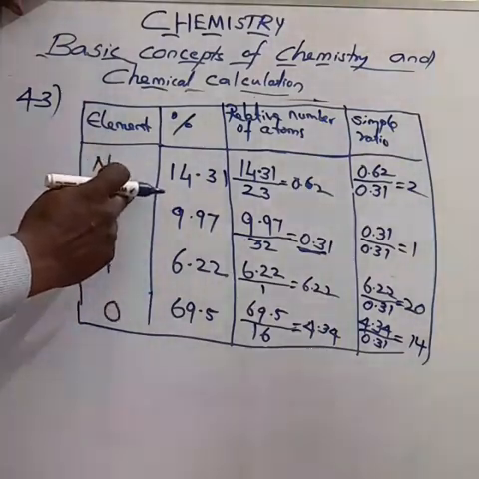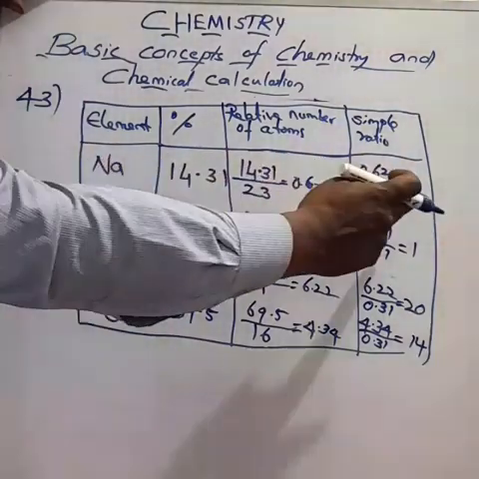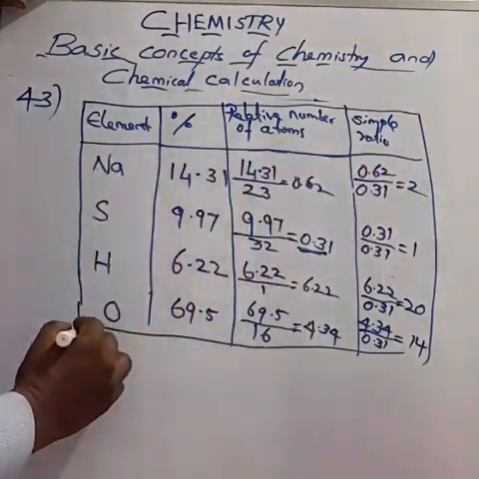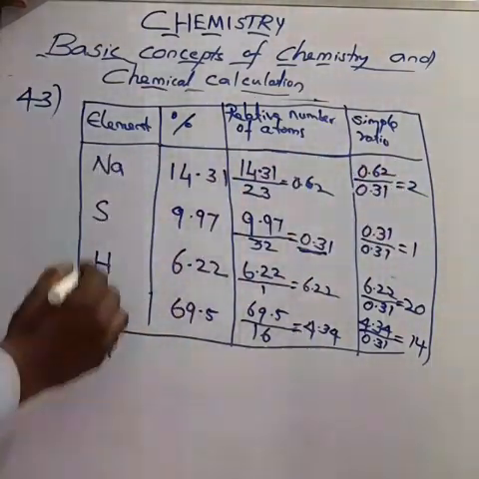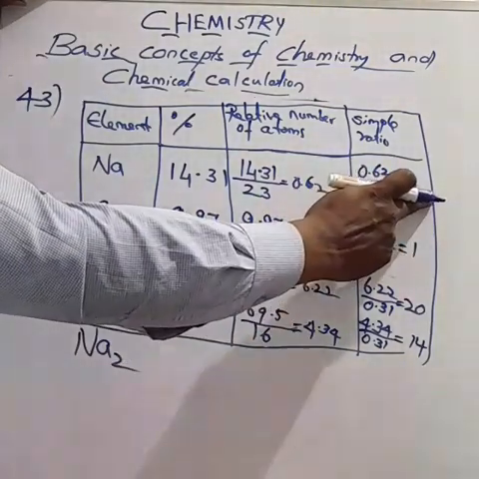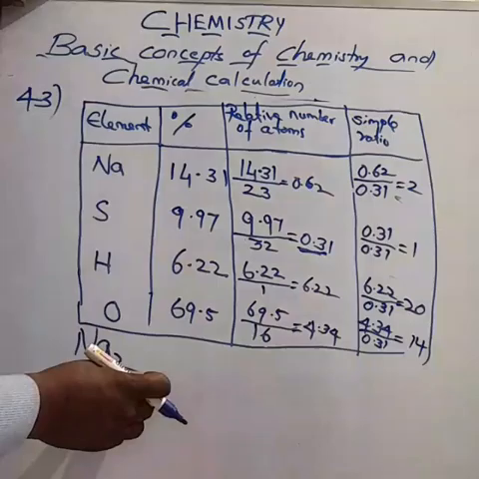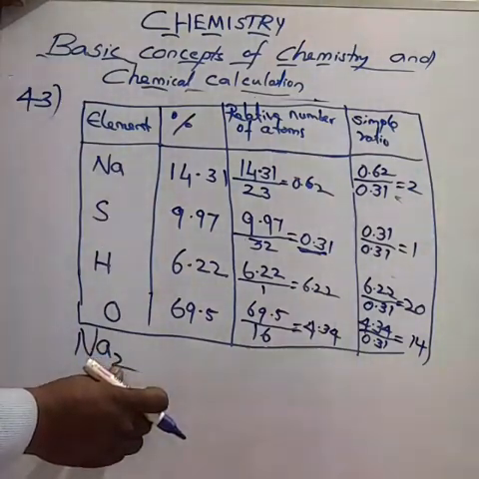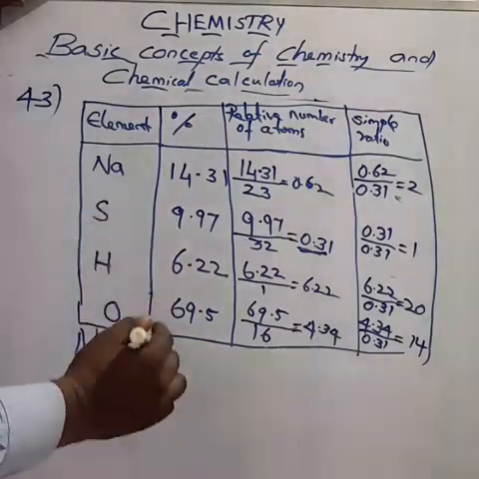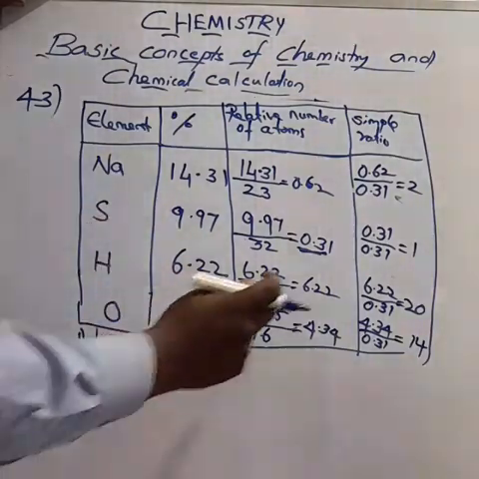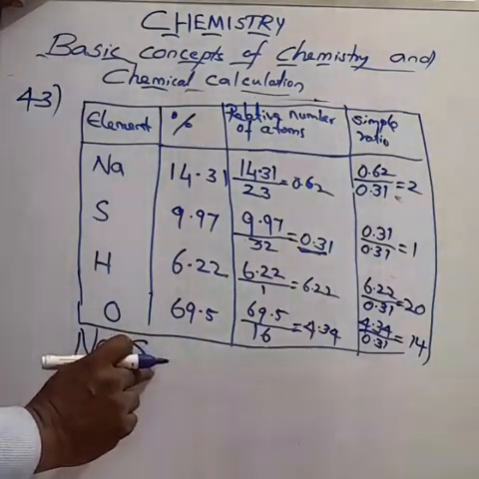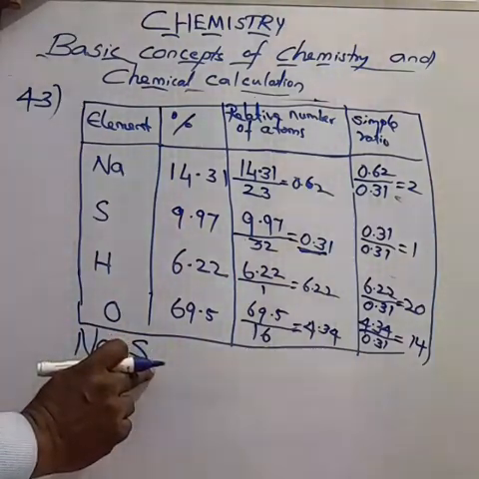Empirical formula now. How much sodium is there, that you have to find out. Here the symbol of sodium is Na. The symbol ratio we get for sodium is 2. Am I right? So it can be written as Na2. Next one is sulfur. The simple ratio is 1.